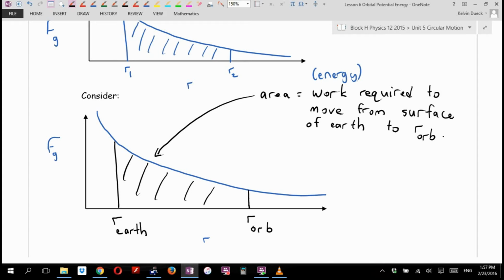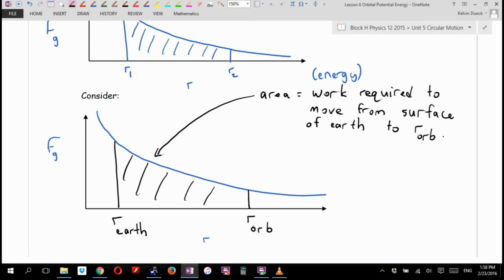All this does, Clay, is calculate how much work you need to lift yourself up there. Unfortunately, it doesn't keep you moving once you're up there. If this is all we did, as soon as we stop and let you go, you'll come crashing back down to Earth. All of that potential energy will turn into kinetic when you hit the ground. To get into orbit, not only do you have to lift up there, then you have to give yourself just the right kinetic sideways velocity to stay in orbit.